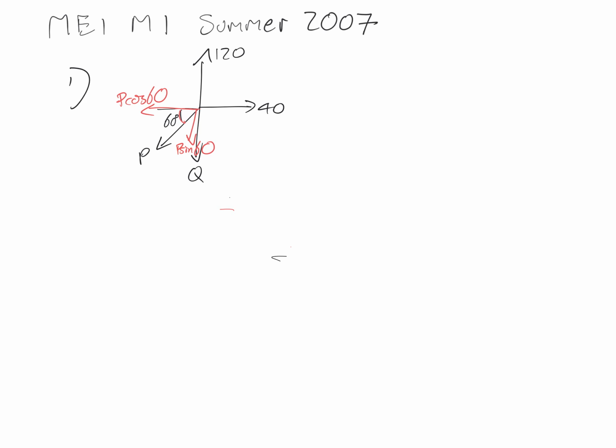Therefore, resolving horizontally, we know that it's in equilibrium, so 40 has got to equal P cos 60. Usually I might do F equals MA, so 40 minus P cos 60 equals 0, amounts to the same thing.